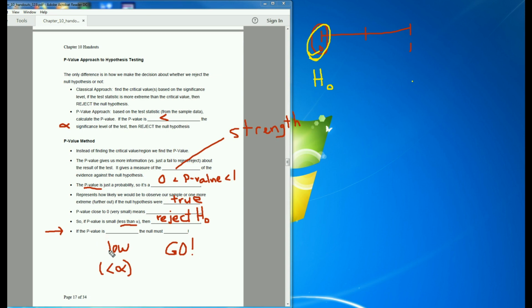If the p-value is low, the null must go. In other words, we must reject the null hypothesis. All right, I'm going to erase and go on to the next page.